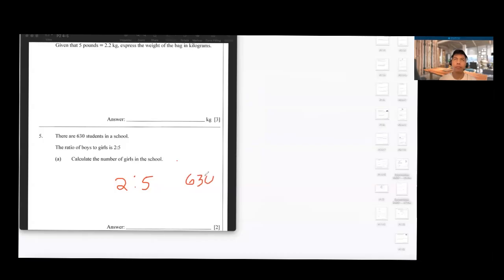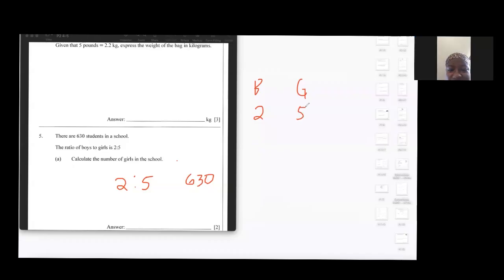Now, let's solve this 2 ways. Let's say you understand the problem, but you don't know how to solve it. So that means for every 2 boys, there will be how many girls? 5 girls, right?